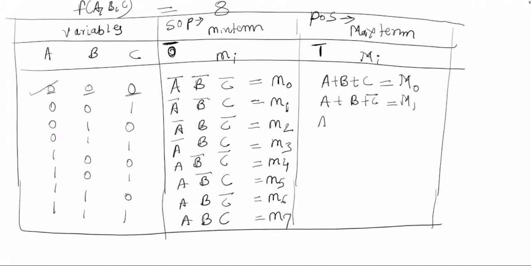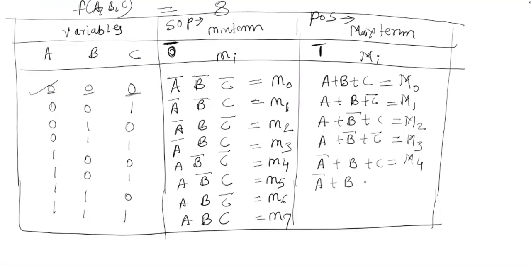Similarly A plus B bar plus C is equal to M2. Now A plus B bar plus C bar is equal to M3. Now A bar plus B plus C is equal to M4. Then A bar plus B plus C bar is equal to M5.